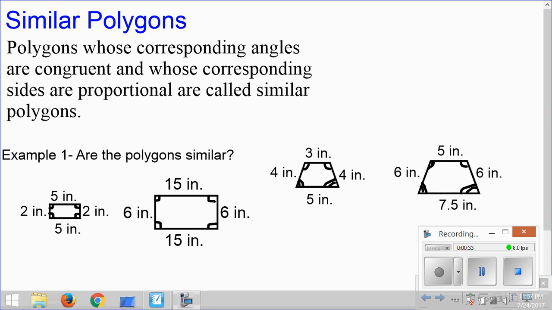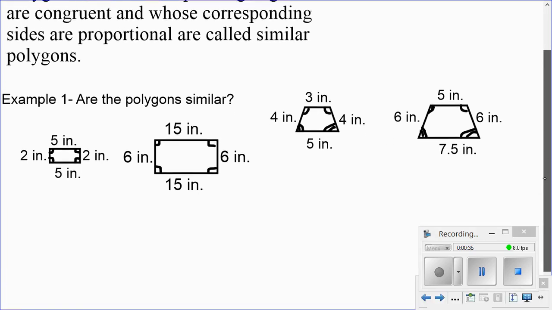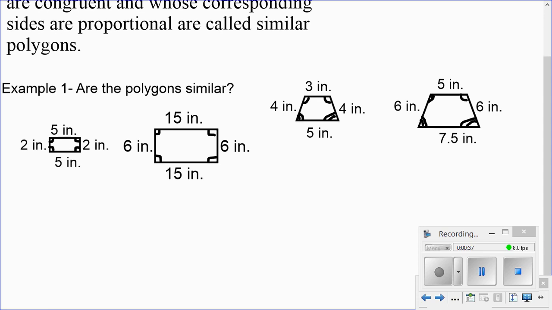So the first thing we're going to do here in these first couple examples, we're going to determine if the polygons are similar. Okay, so I can see that the angles are marked congruent. So then what I have to do is check the ratios of the sides, and I need to check that they're proportional.